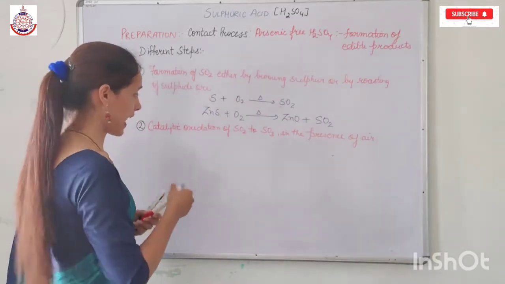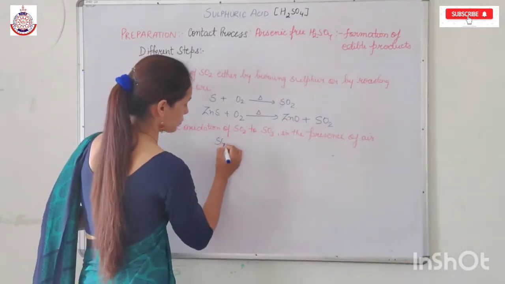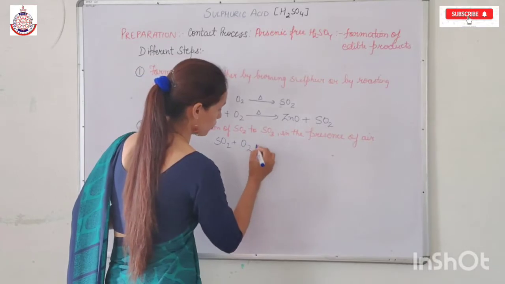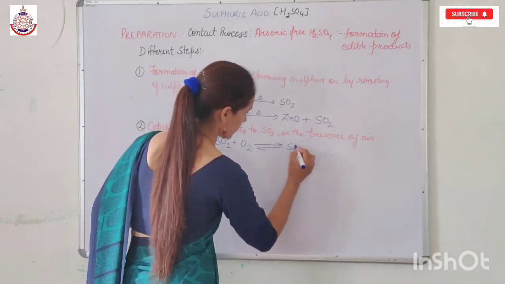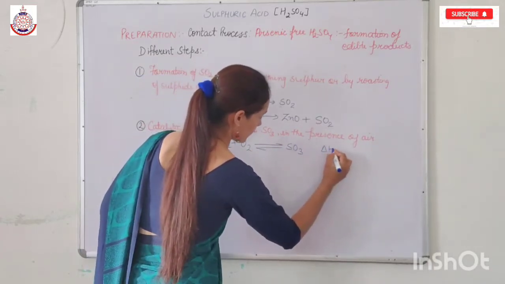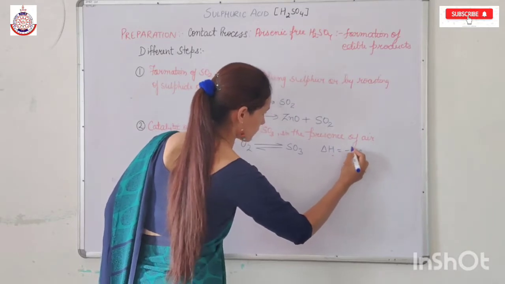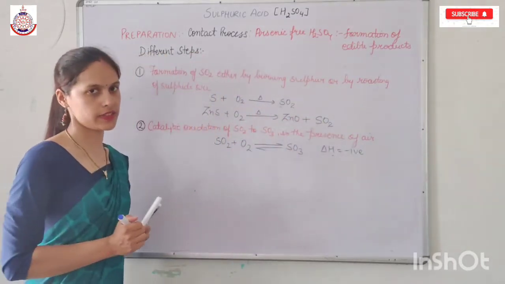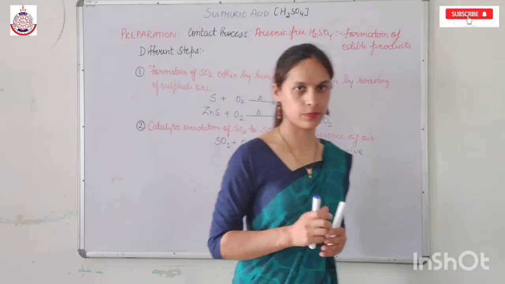If I write the reaction, it is SO2 plus O2 reversibly gives SO3, where delta H is negative, that is, the change in enthalpy is negative.